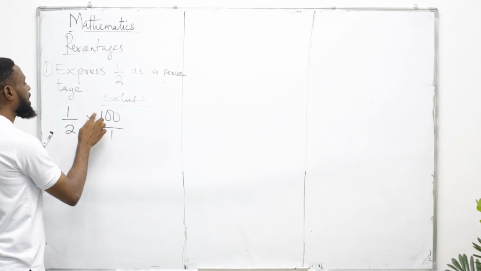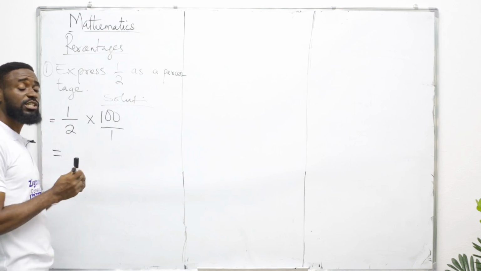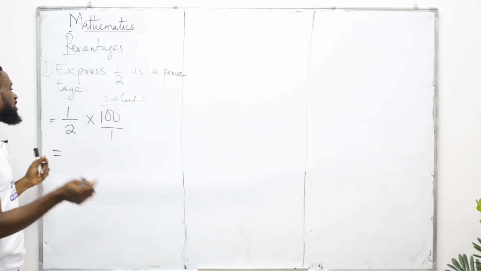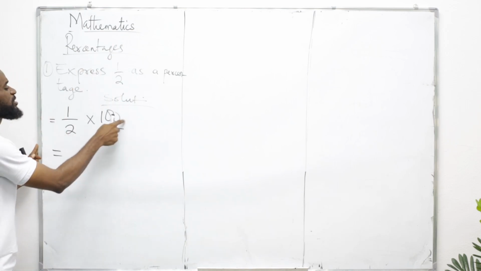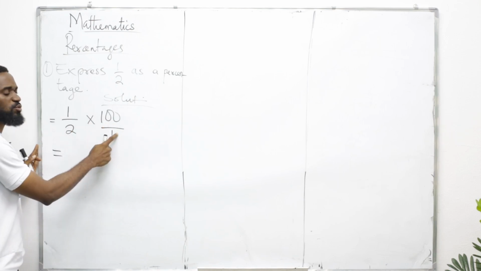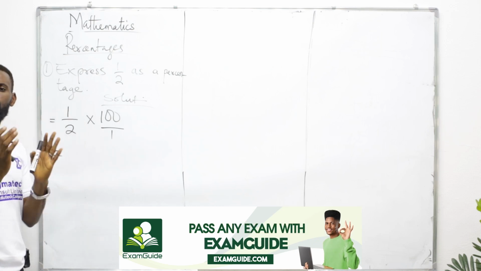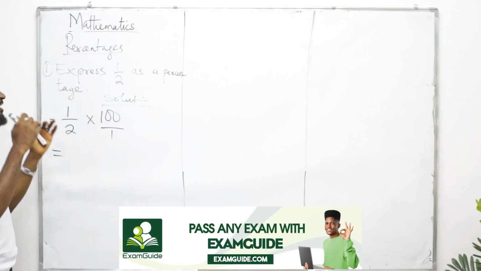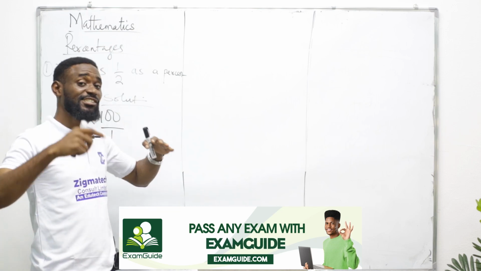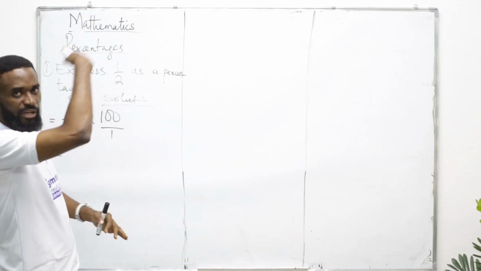So, now, in multiplication of fractions, when you are multiplying fractions, there is no need of looking for the LCM of the two denominators. Once you're multiplying two fractions, the denominator of the first fraction multiplies the denominator of the next fraction, while the numerator multiplies the other numerator.